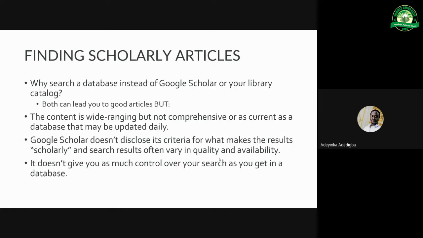We need to emphasize the word quality. The quality of the paper may really be something to question from Google Scholar, and that is why specialized databases are much, much better. Lastly, it doesn't give you as much control over your search as you get in some other databases.